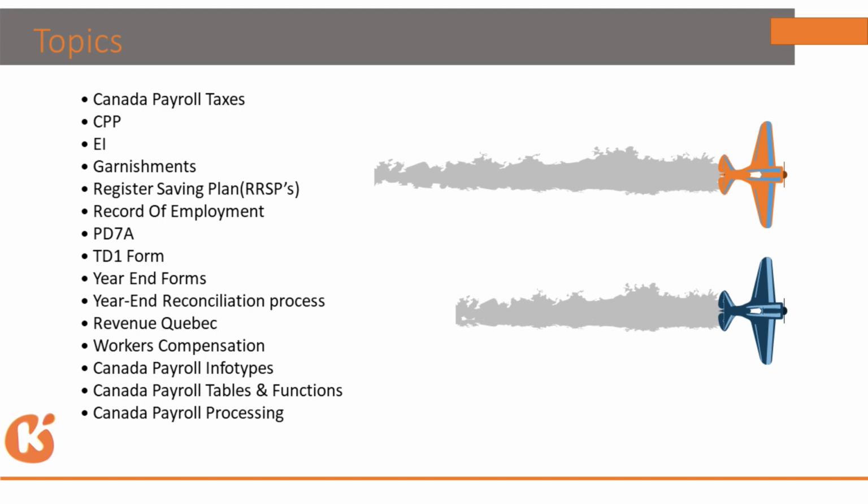So in the training, today I will just give you an overview of the topic. In Canada payroll taxes, we'll discuss how many types of taxes we have, what the technical wage types are that will be used, and which wage types would be applied under the different taxes.